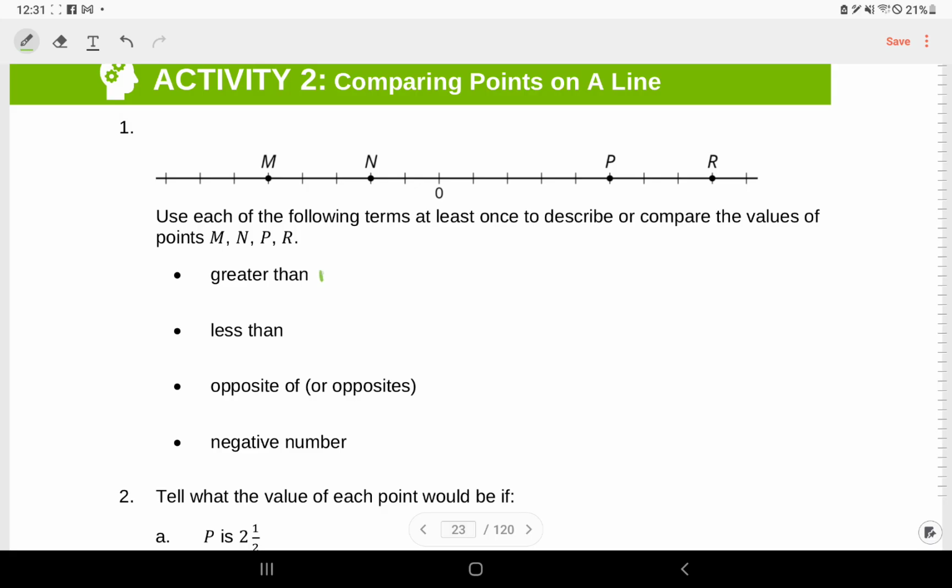We can say N is greater than M. P is greater than N. P is greater than M. R is greater than P. R is greater than N. R is greater than M.